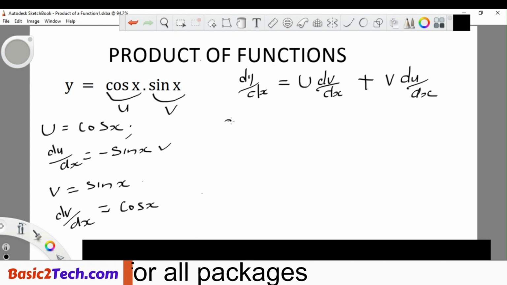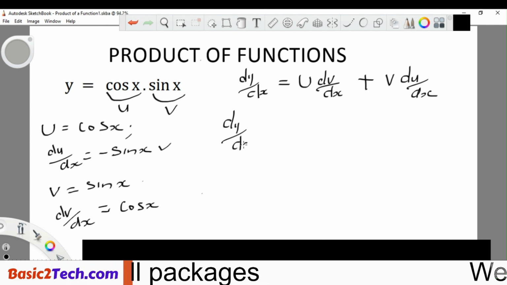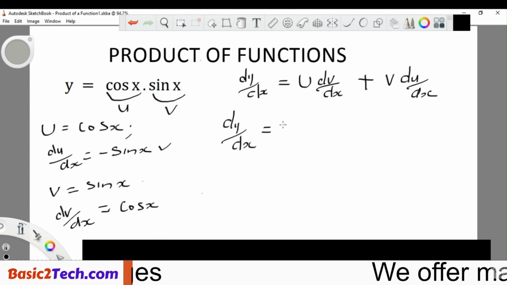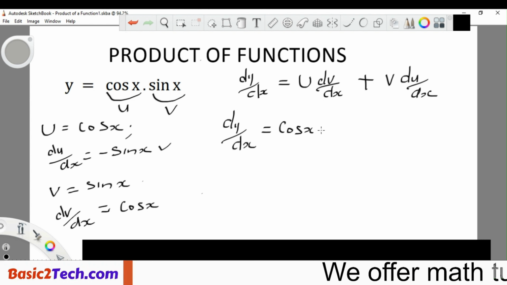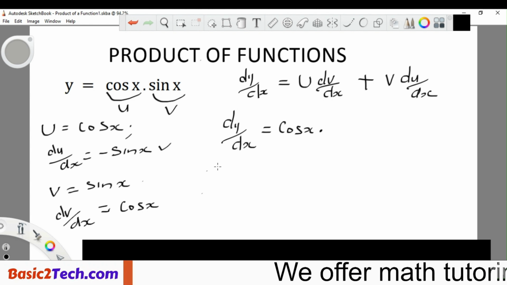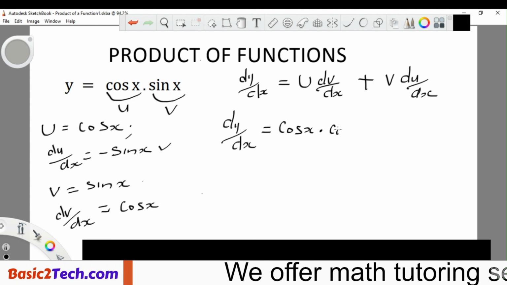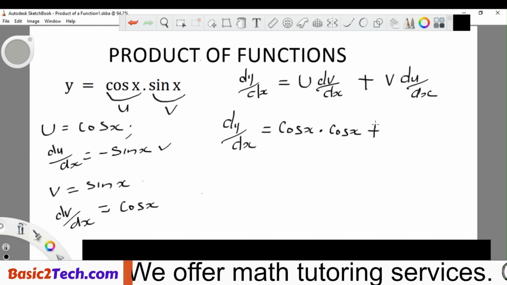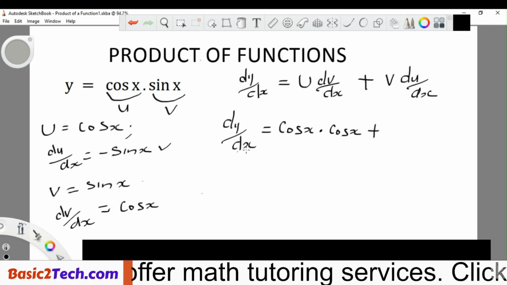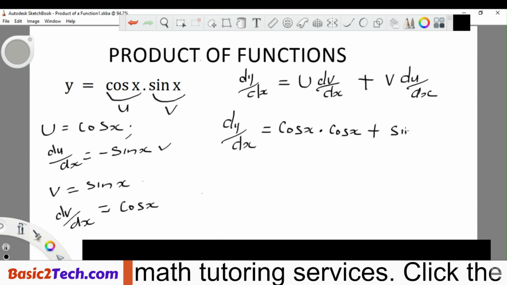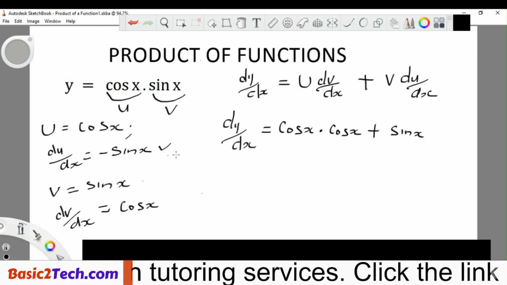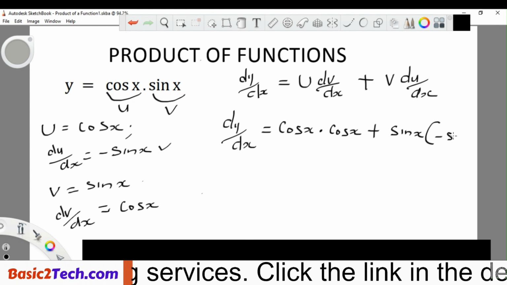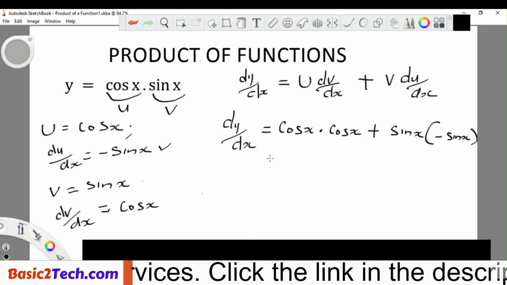So therefore, dy/dx will be equal to my u is cos x, so I have cos x times dv/dx is cos x, I have cos x, plus v is sine x and du/dx is negative sine x.